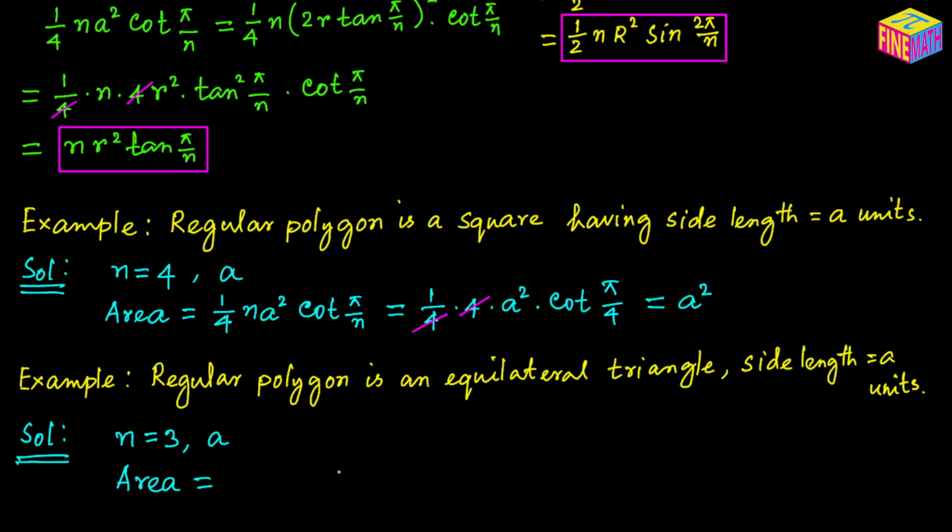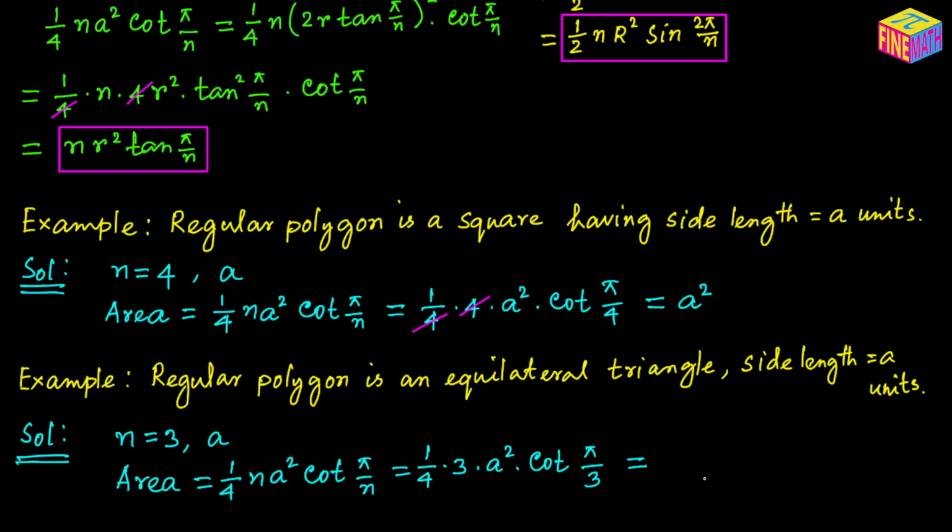The original formula for the area of a regular polygon is 1 over 4 times n times a squared times cotangent of pi over n, and here I am going to replace n by 3, so I am going to write it as 1 over 4 times 3 times a squared times cotangent of pi over 3. Now what is the value of cotangent of pi over 3?